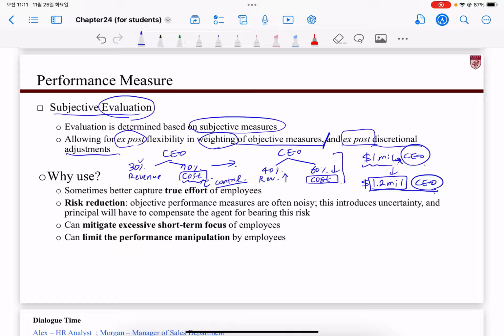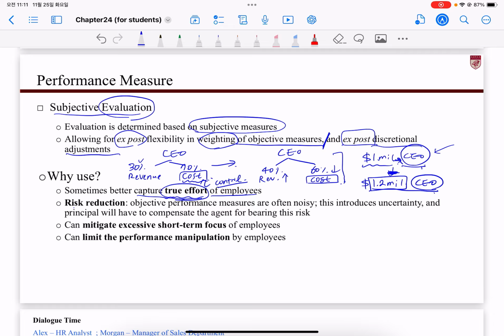So why do we use subjective evaluation? Because it can capture truer effort of employees. Okay? As long as you can monitor these CEOs better, if you're closely watching how the CEO is doing, you can capture the true effort of that CEO, and it reflects his or her true efforts more by applying the subjective evaluation.